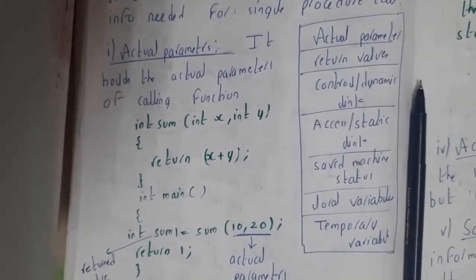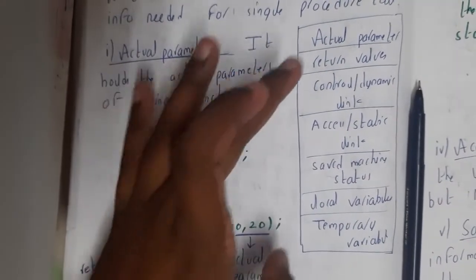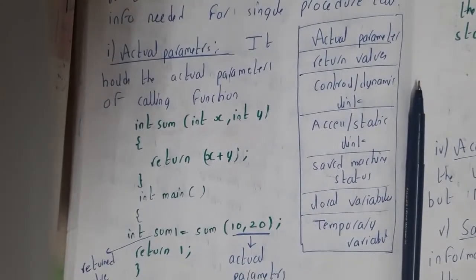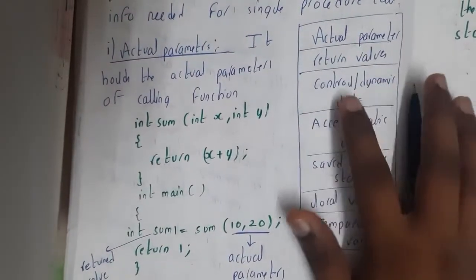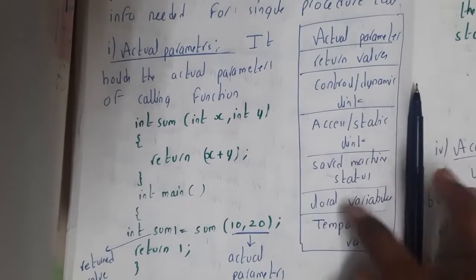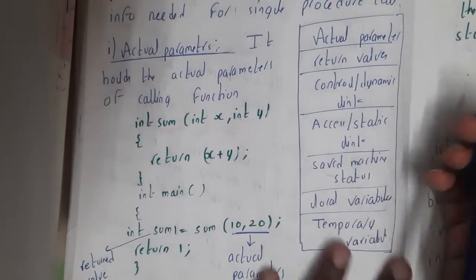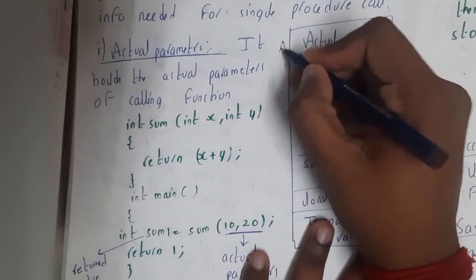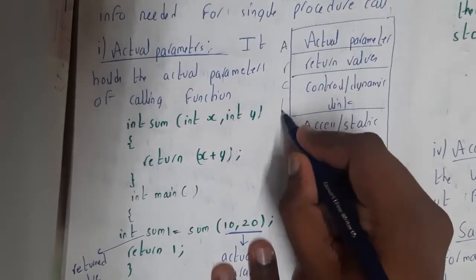For this I have a small trick, guys, to remember all these things, at least the first letters. Actual parameter, return parameter, control dynamic link, access static link, saved machine status, local variables, temporary variables. Let us assume a name, Archana.